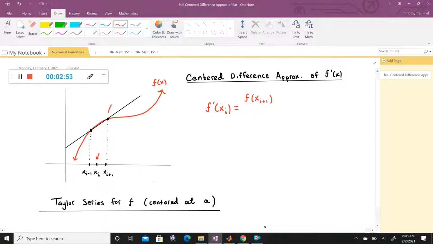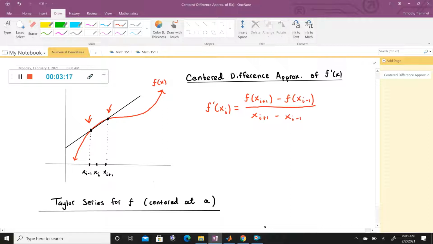That would be the y value here. And the y value here would be f of x sub i minus 1. And then this would all be over x sub i plus 1 minus x sub i minus 1.